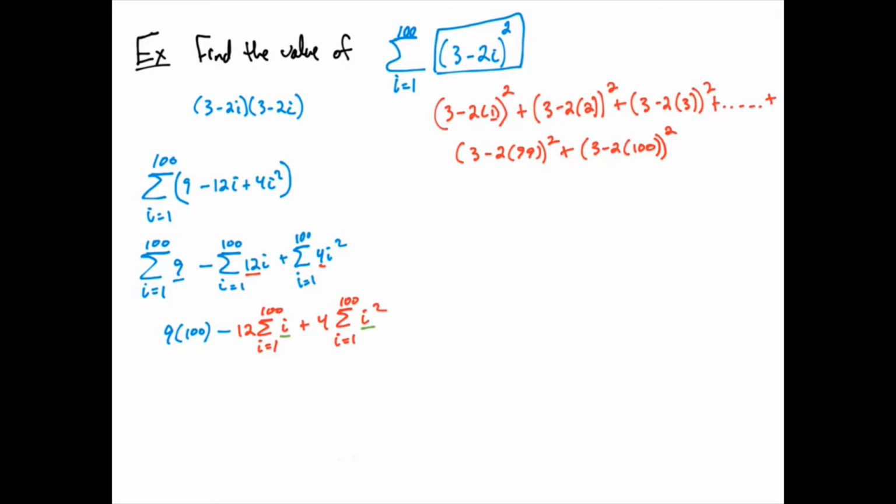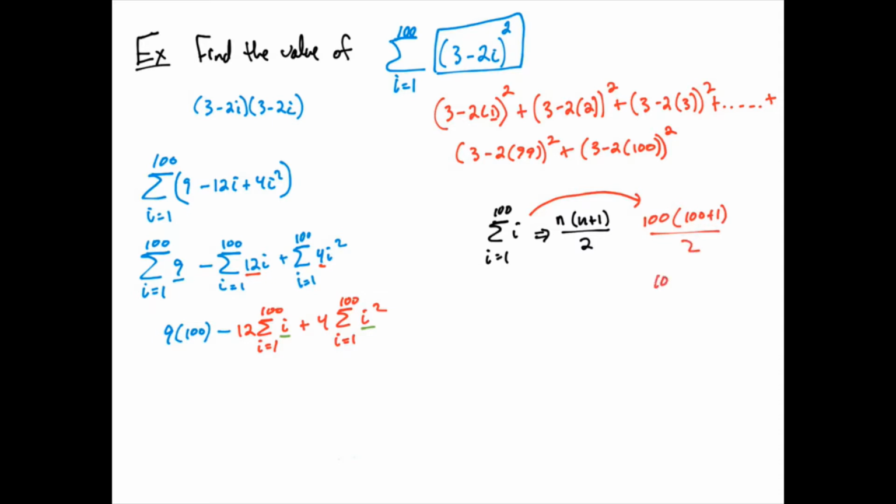I'm going to do this off to the side, just so I have enough room, from 1 to 100. How we tackle this is, well, this is going to be n times n plus 1 divided by 2. Our n value is 100 here, so we're going to rewrite this as 100 times 100 plus 1 divided by 2.